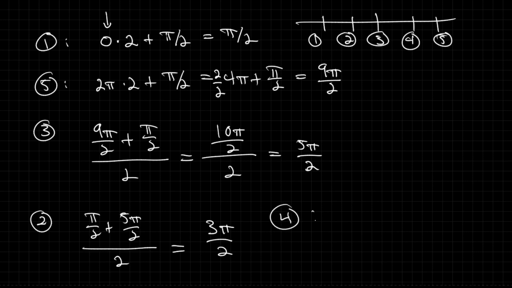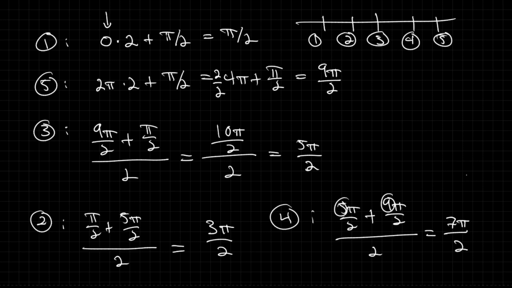So for the fourth coordinate here, we have the third coordinate, which is 5 pi over 2. We add the fifth coordinate, which is 9 pi over 2, and we divide by 2. That will give us 9 plus 5, which is 14 pi over 2 in the numerator, which is 7 pi, all divided by 2.